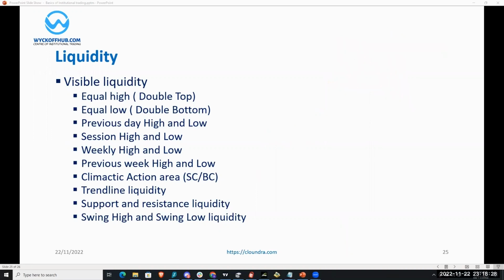The similar thing happens when the market is coming down. So for example, this market is coming down, and then we get an automatic rally, and then the market tries to make this low.